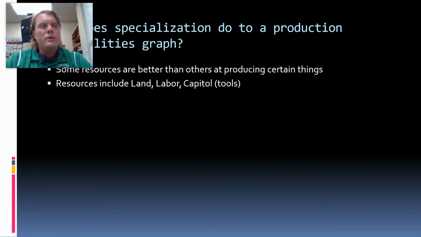Well, certain land is more applicable to being used as farmland than factory land, right? Just like we can't grow a farm in a swamp, right? That's not how it works. It would be very wasteful of that land. So some people and some resources have more skill, more utilization for certain things.